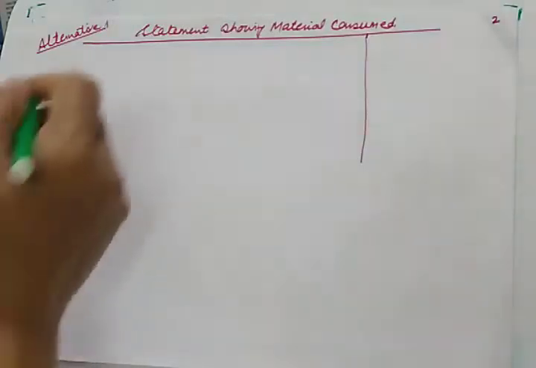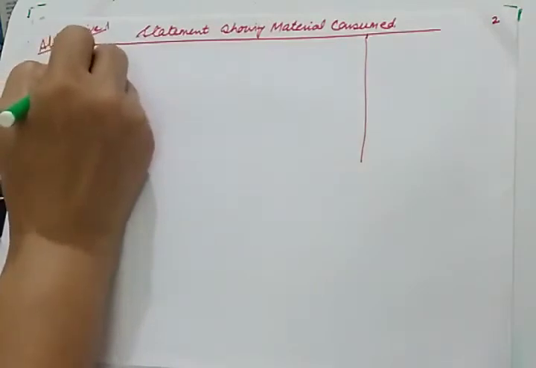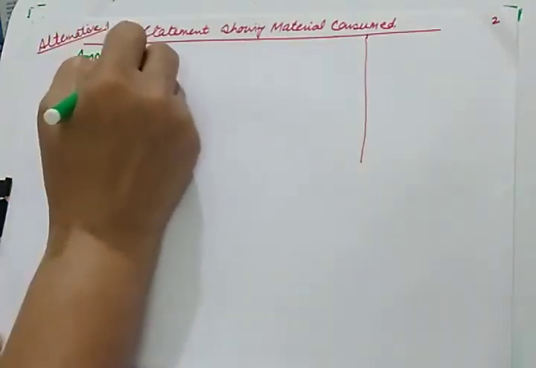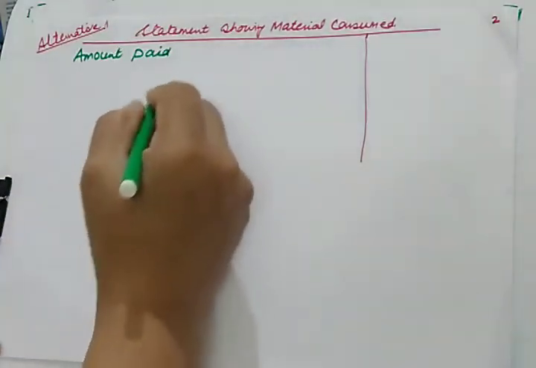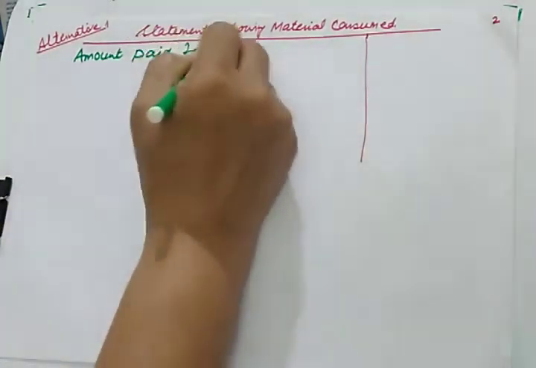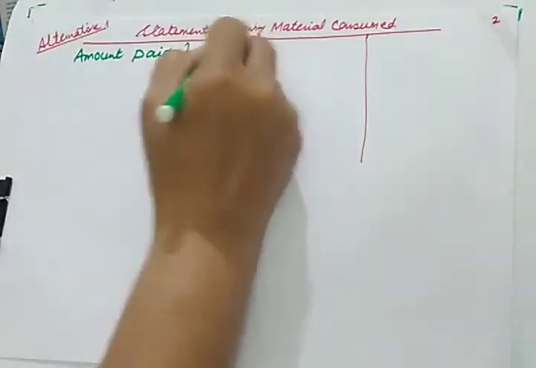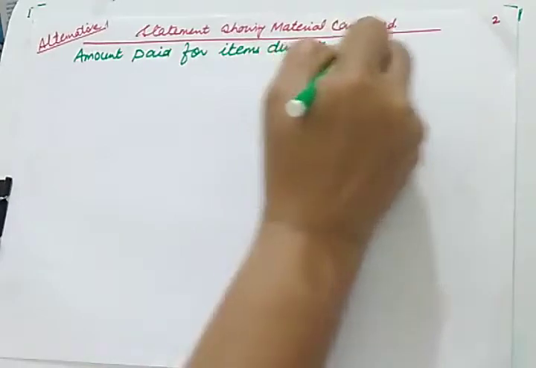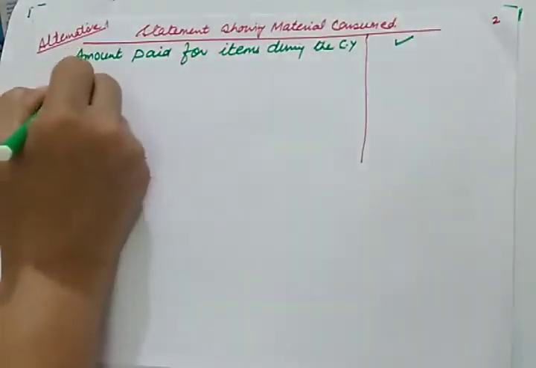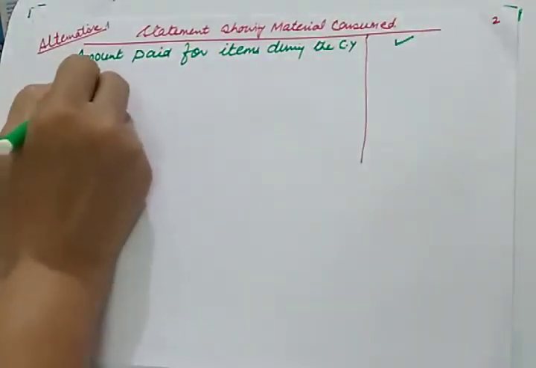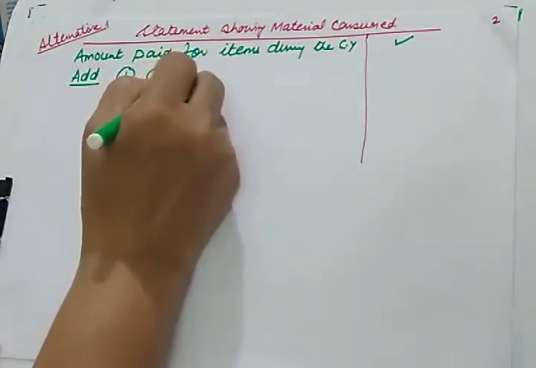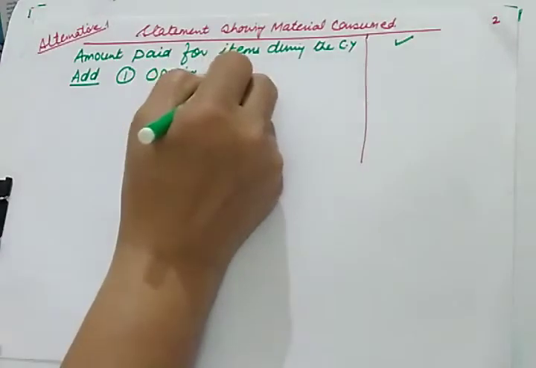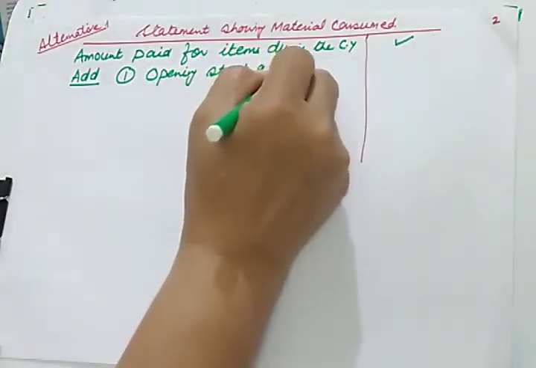So first of all, the amount paid for the items during the current year, we'll be writing here. Then in that we'll be adding, number 1, opening stock. Opening stock of material will be added.